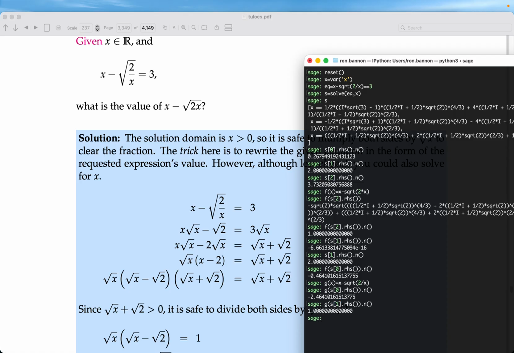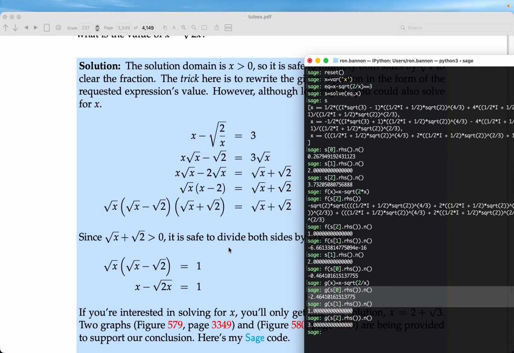And that's exactly 1. I'm sorry, I did g. Yeah, I did g. Let me do the next one. Exactly 3. So the first 2 solutions are extraneous. They're giving me wrong answers. f of 2 is the only one that works.